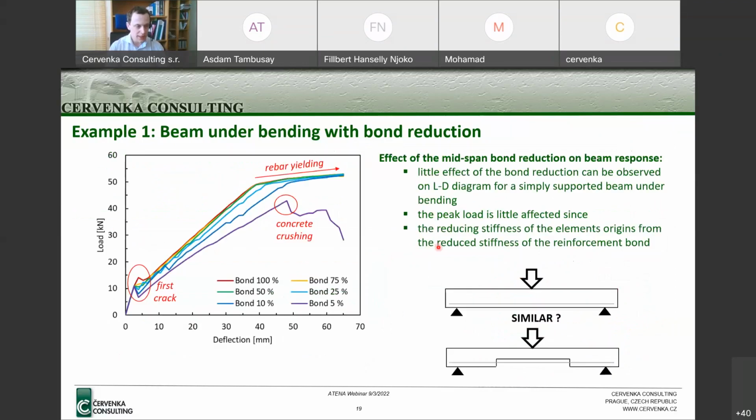So, in the LD diagram, we can see what happens with the beam. Only if the bond was reduced below, let's say, 25 or 10%, we can see some significant impact on the LD diagram. Before that, only some small reduction of stiffness was observed.